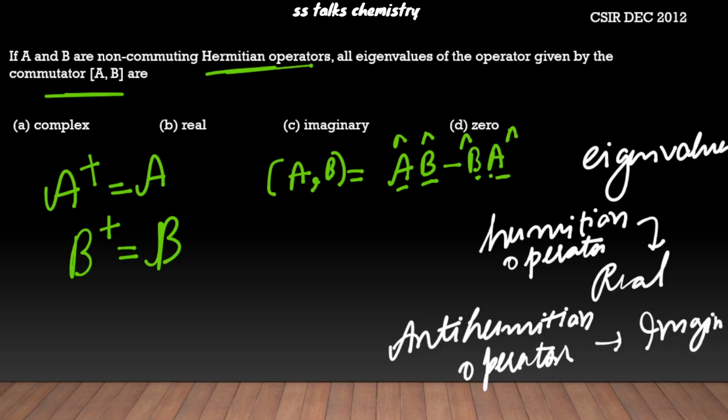So now I'll be seeing whether this commutator operator, which is AB minus BA, is going to be Hermitian or anti-Hermitian. Based upon that, its eigenvalue will be decided.